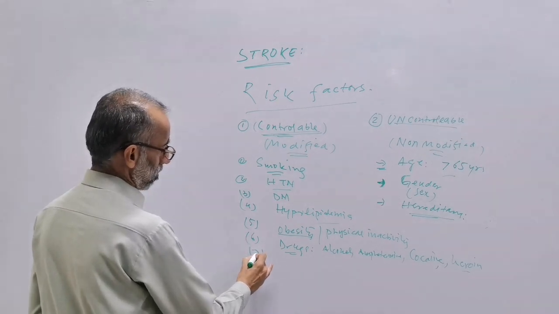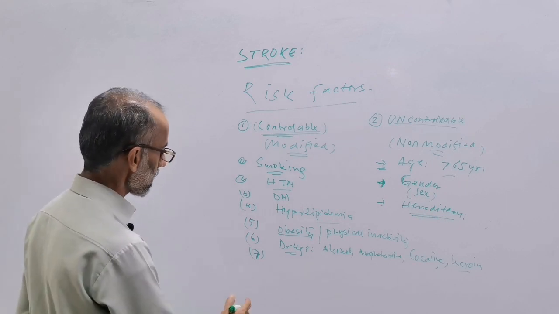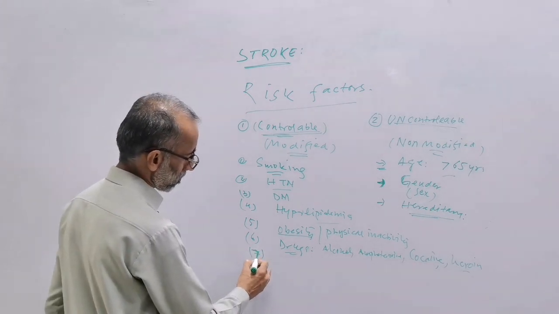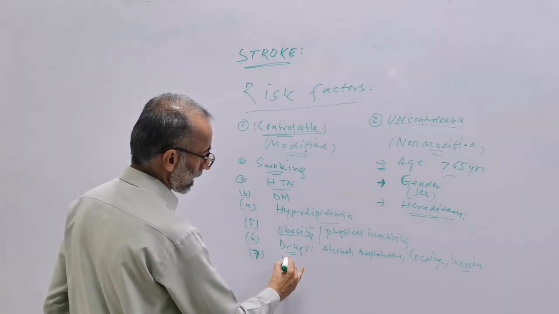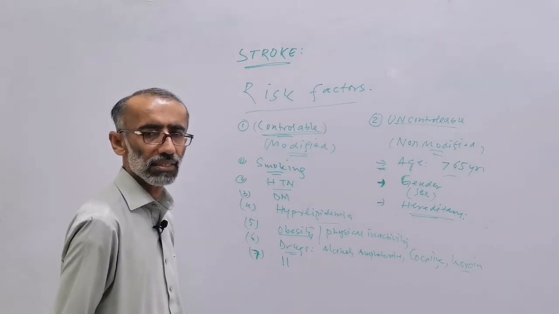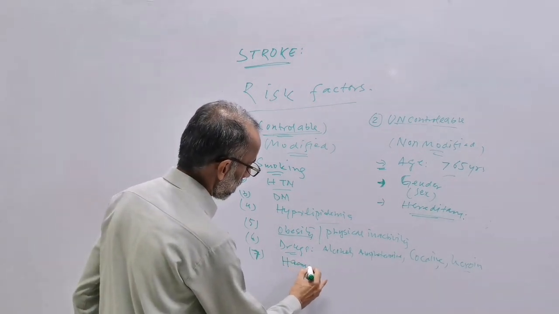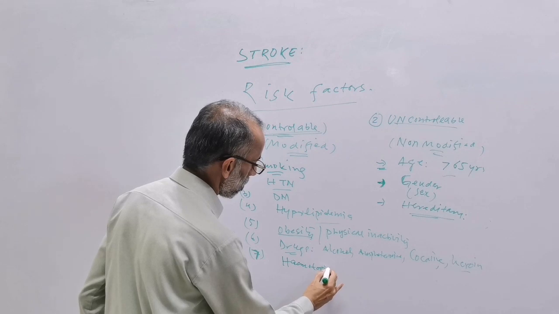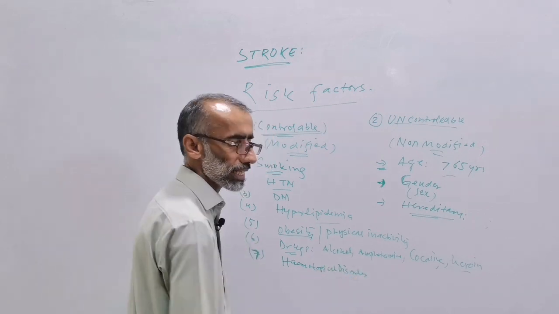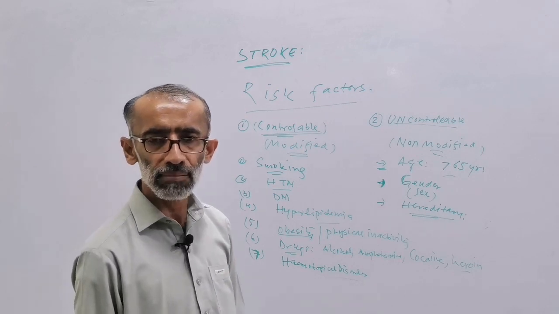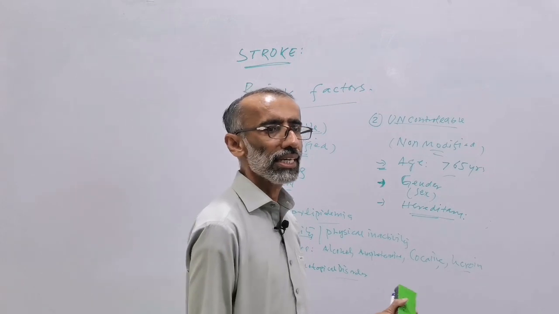And what are the other controllable risk factors, such as certain diseases, hematological disorders, such as sickle cell anemia, which can lead to ischemic stroke.